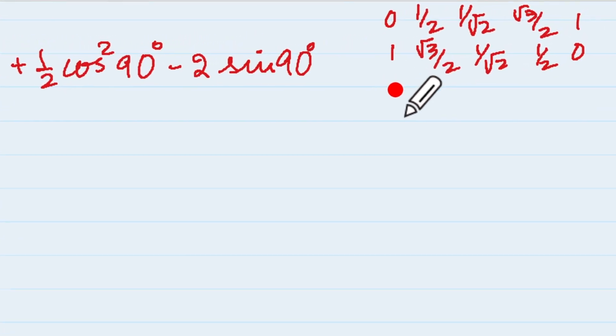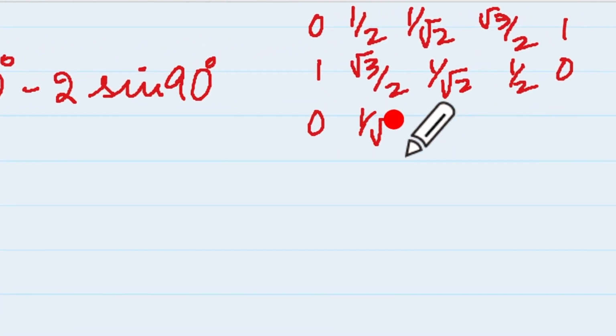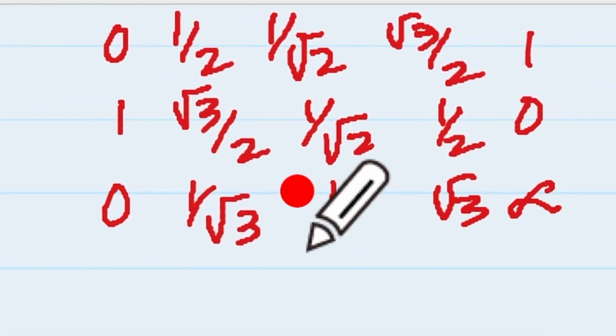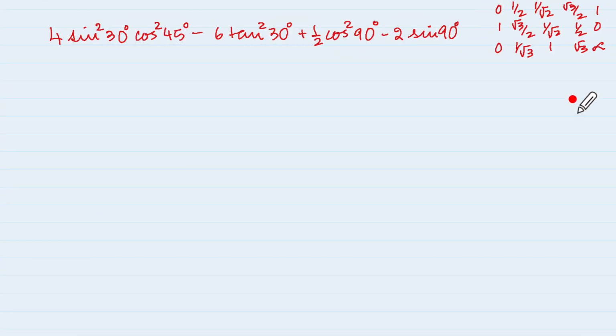And tan: 0, 1 upon root 3, 1, root 3 and infinity. If you keep these values in front of you, no problem. But if you want to know the trick to remember these values of standard angles, I put the link here somewhere. Now you look at it and just see how you can get these values to learn by heart.